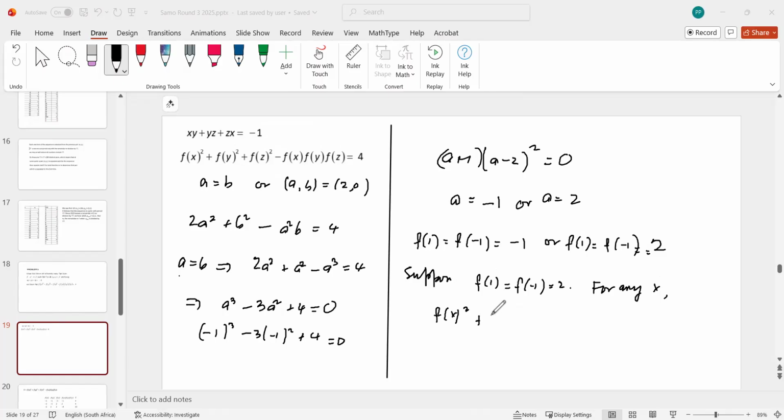So you got plus 2a squared, and here you have minus a squared f of x times, I think, minus a squared f of x equals 4. Now, a is equal to 2.